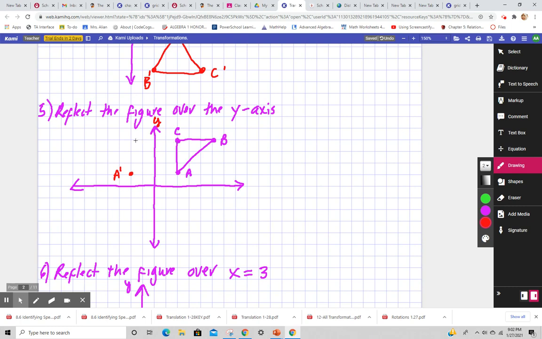C is 2 units away on the right, so we have to go 2 units on the left. C prime. And B is 5 units away on the right side of the y-axis. We have to go 5 units away on the left side. So this is B prime.